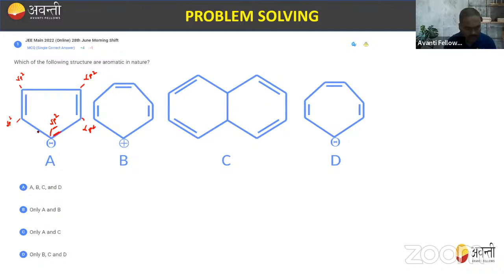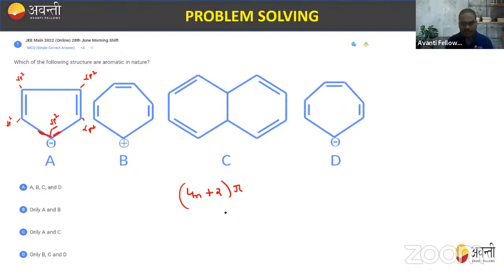One sigma bond is with this, one sigma bond is with that, that is 2, and one negative charge, so 3. 3 means sp2. So that is A and B. A and B are aromatic as they are cyclic, planar and have 4n plus 2 pi electrons, following the 4n plus 2 pi electrons rule.